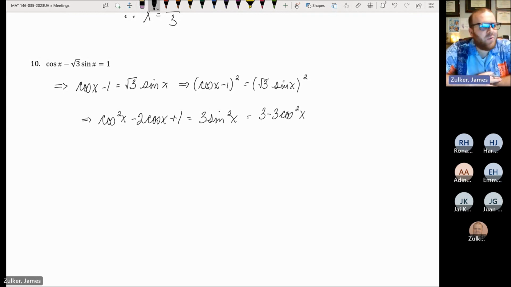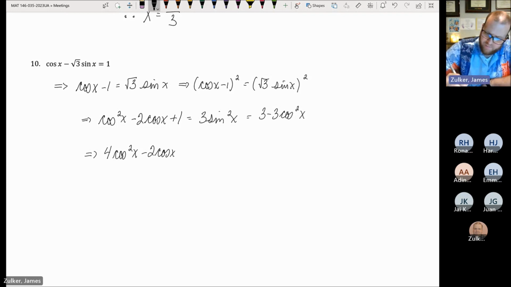Then use the fact that sine squared is 1 minus cosine squared. Multiply through by 1/2.